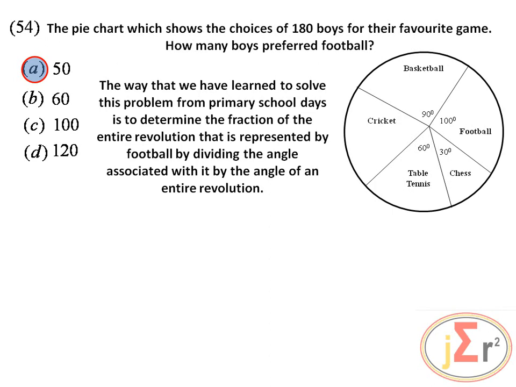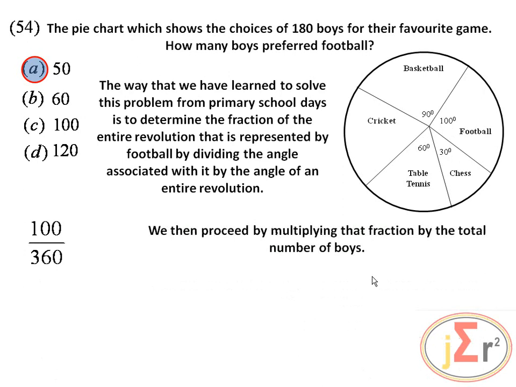We will therefore divide the angle associated with football, which is 100 degrees, by 360. Right. We then proceed by multiplying that fraction by the total number of boys, because it is a fraction of the total.